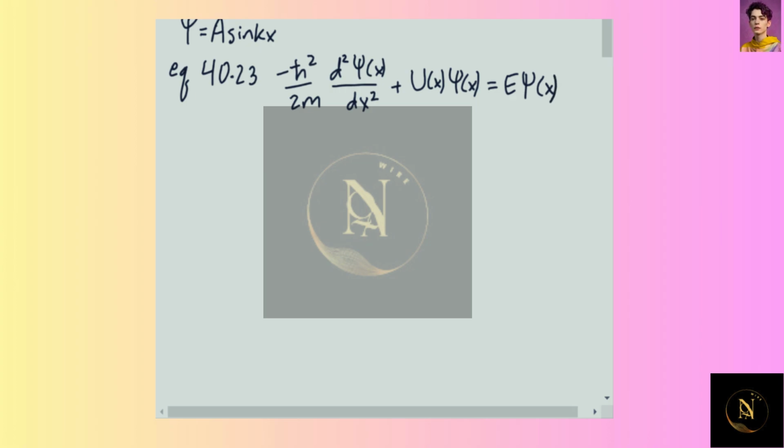So for part A, showing that this is not a solution, we first want to take the double derivative of our psi function. The first derivative of our psi function will go to ka cosine of kx.